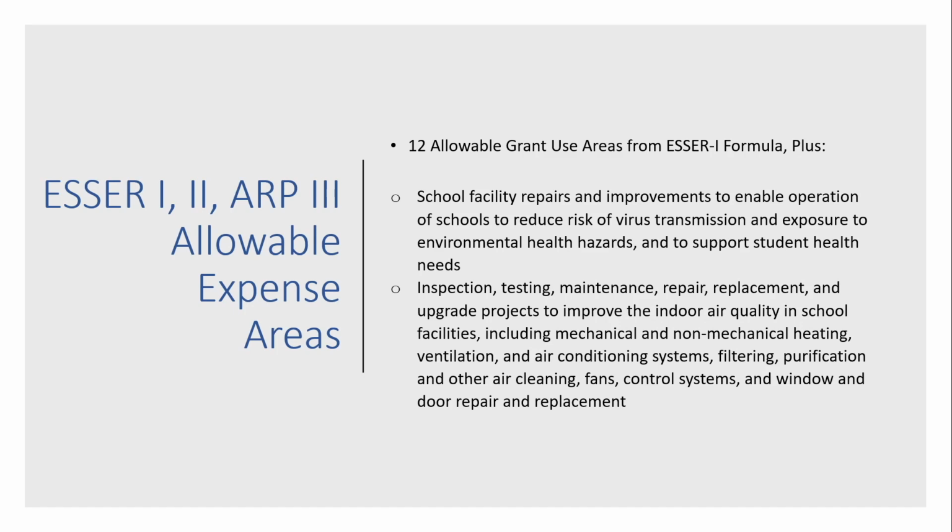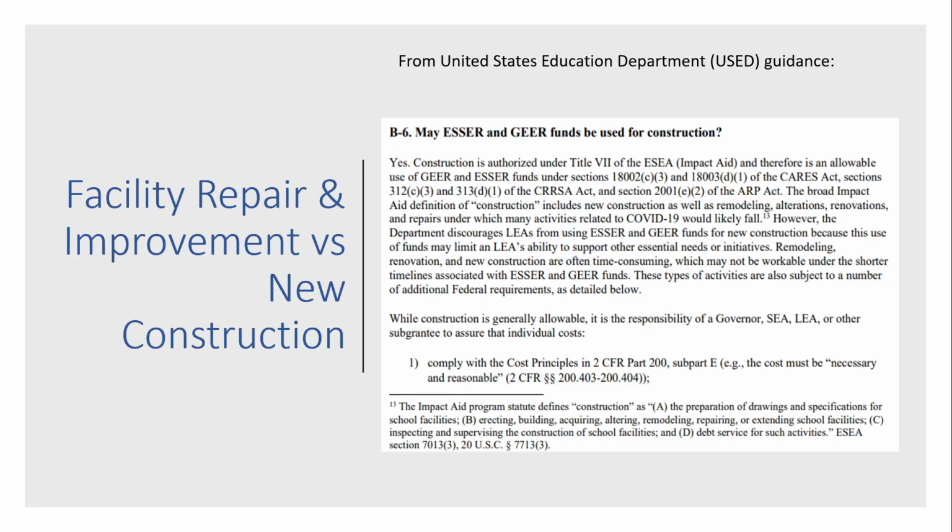And then on the next page are the last two, school facility repairs and improvements, and also inspection, testing, maintenance and repairs of buildings. This is to improve the indoor air quality.